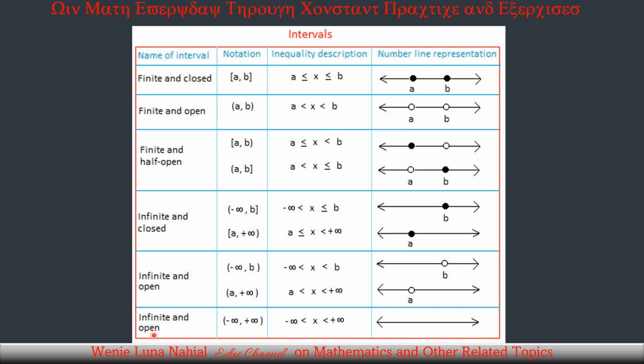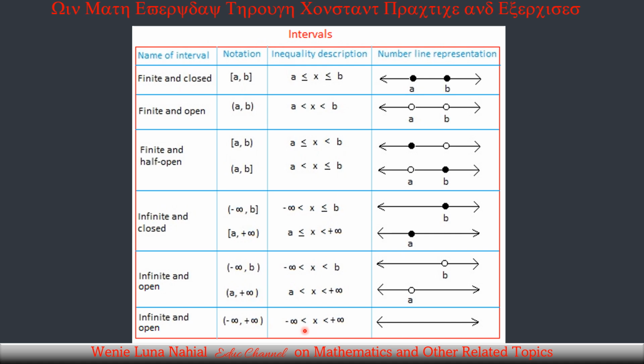Then we have also infinite and open. You see that this is just the set of real numbers. You have negative infinity, positive infinity. So it comprises all the numbers.